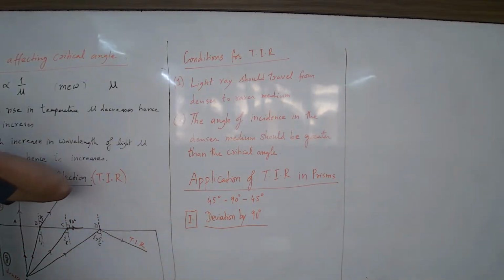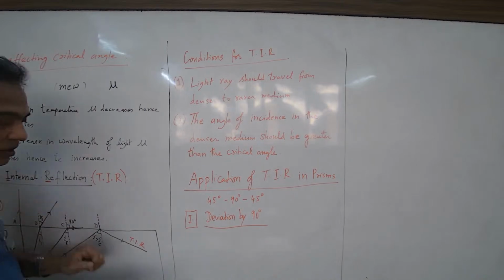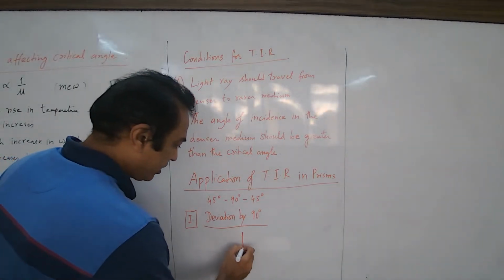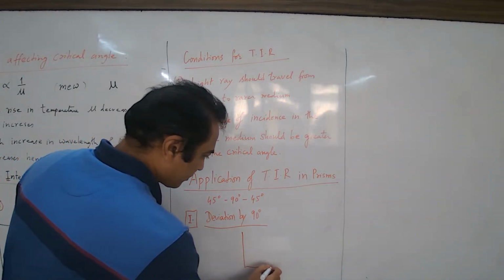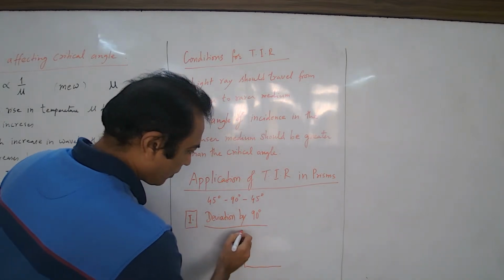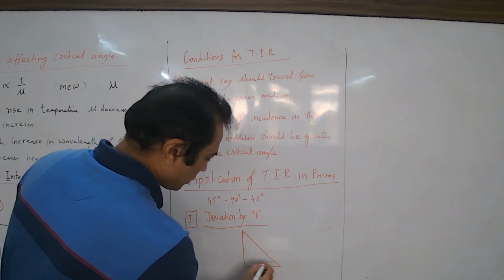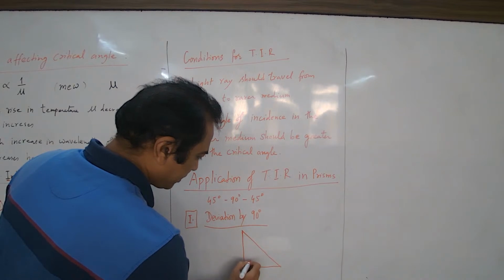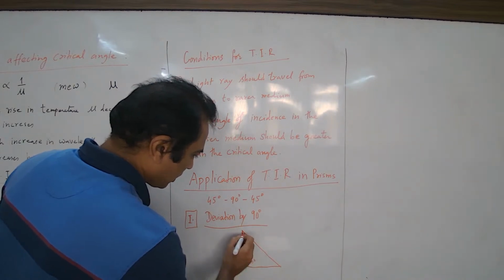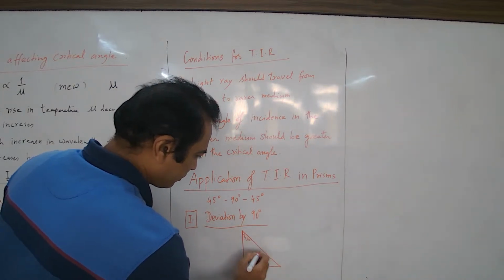Earlier we saw a prism of all 60 degrees, the refraction of a ray of light through an equilateral prism. But now we are going to see a right angle prism like this. So one of the angles is 90 degrees and this is 45.